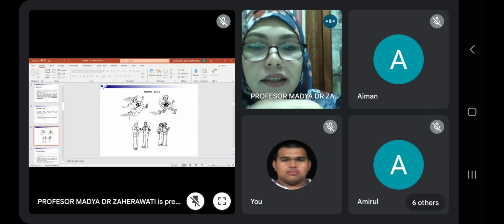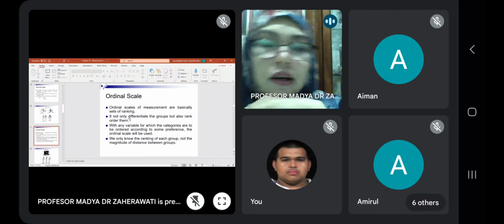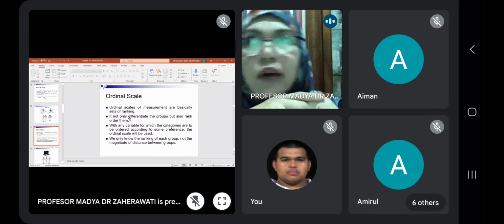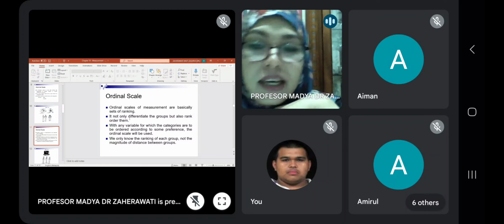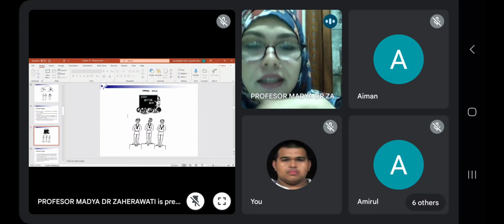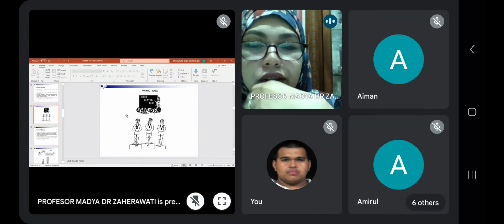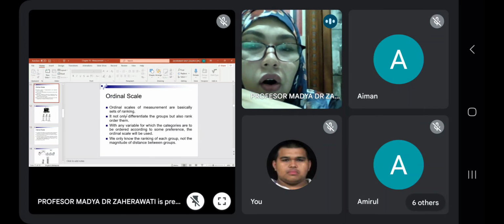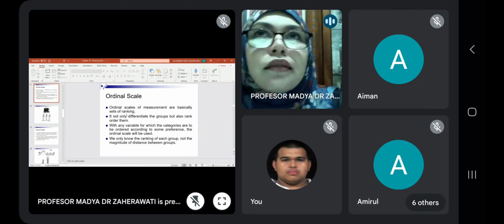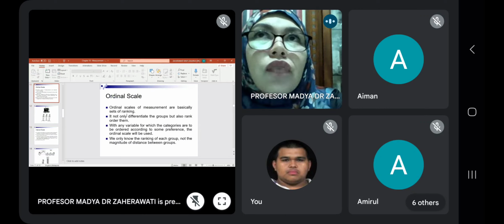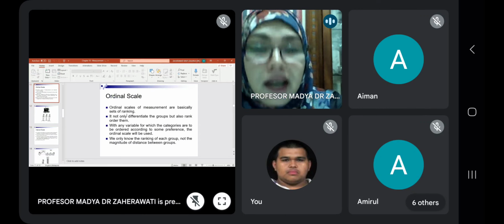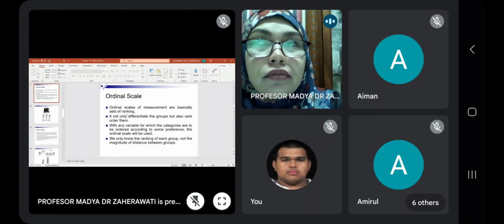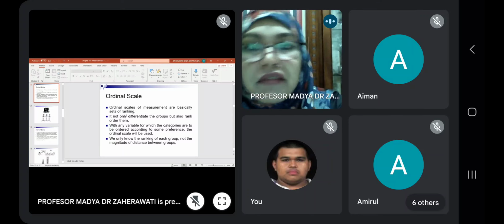Then ordinal. We rank into each group, which means the answers are ranked into some specific groups. For example: good, better, best. Ordinal under Part A, demographic profile, you can refer to income level.